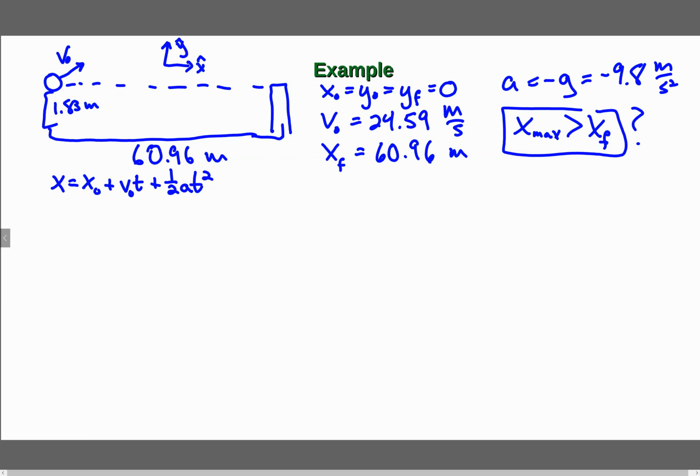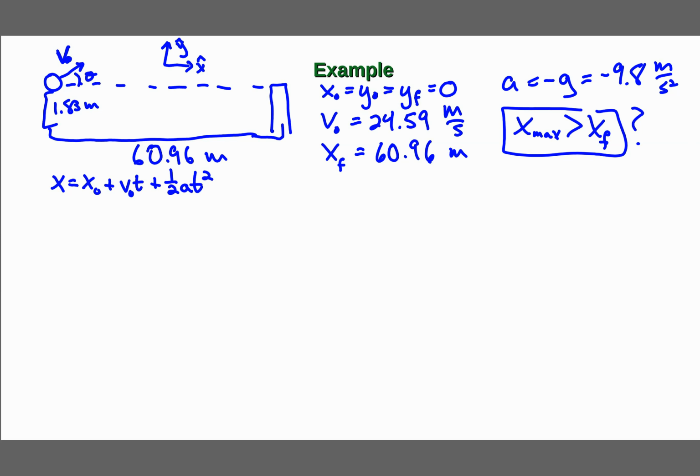Okay? So let's consider that he throws it as far as he possibly can. They haven't told us what that angle is, but we can imagine if we vary this angle, theta, up and down, it must go further for some angles and shorter for other angles, right? If we keep this velocity the same. We don't know what that max is, but it must be some value.